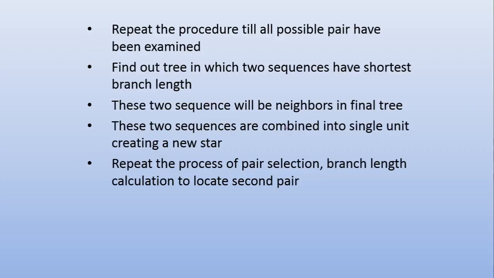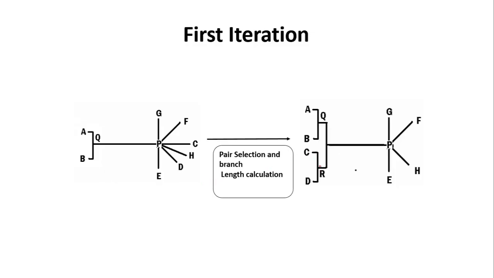These two sequences are combined into a single unit, creating a new star, and you would repeat the process of pair selection and branch length calculation and locate the second pair. The second pair would again be added to the first internal node as R, and you would go on repeating the same procedure.